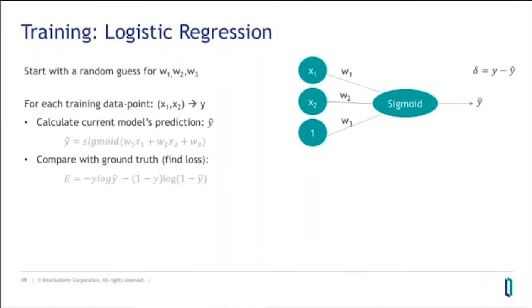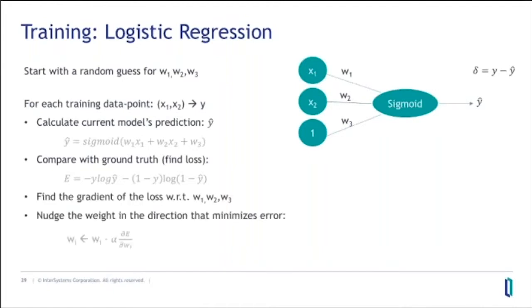But if there is a discrepancy, we calculate the difference between the model's prediction and the ground truth, and then we try to tweak the parameters to minimize this error. The way we do this is by finding the gradient of the loss relative to these weights. The gradient gives us the direction that is most efficient for tuning the weights to minimize this error.